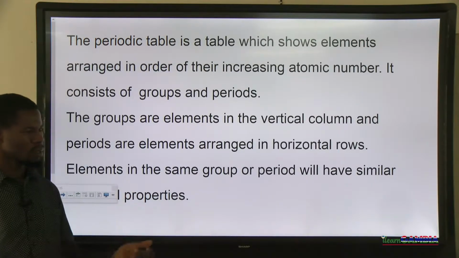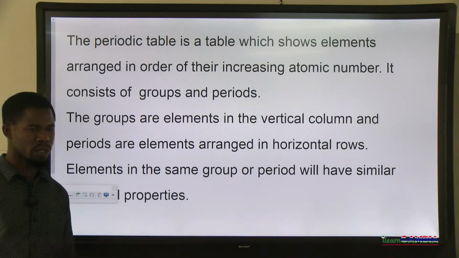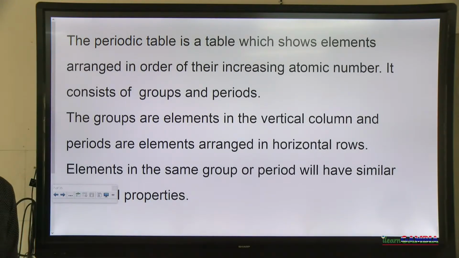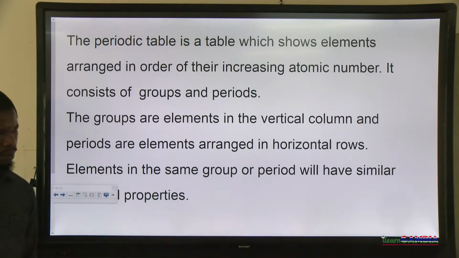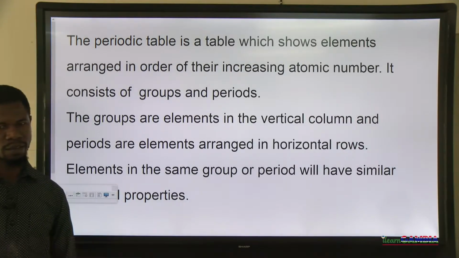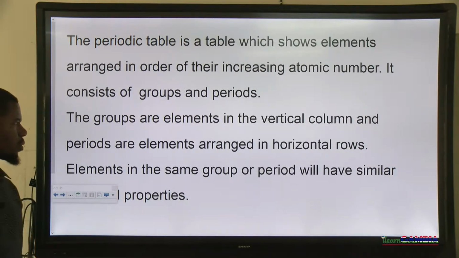It is from his formulation of the periodic table that scientists were able to perfect the modern periodic table. So for that, we say kudos to Dmitri Mendeleev as the father of the periodic table.